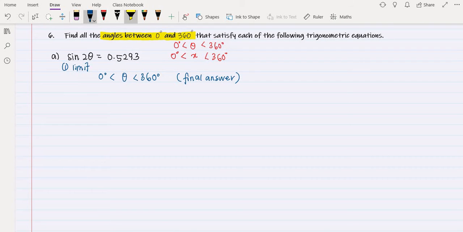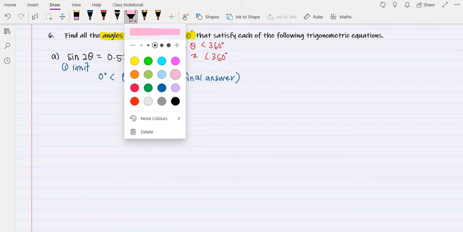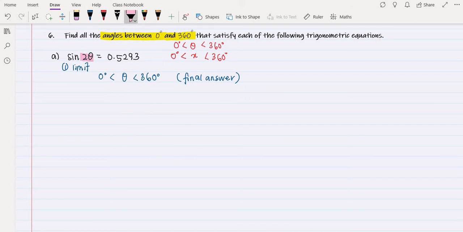However, take note here that for our calculation, we have a different angle compared to the one given in the limit. So what we have to do is we are going to change the limit for 2 cycles. So we just multiply everything by 2 and we will get 2 theta must be greater than 0 degrees and less than 720 degrees. This will be our limit for our calculation and our workings.